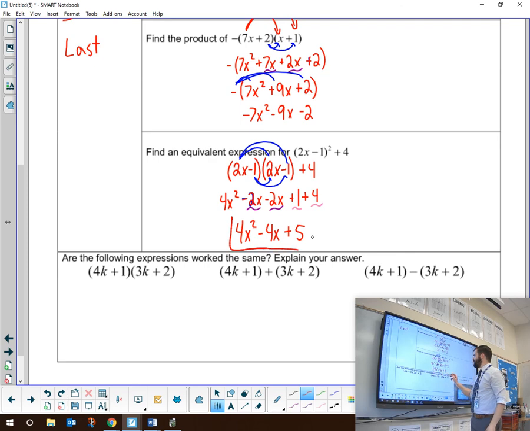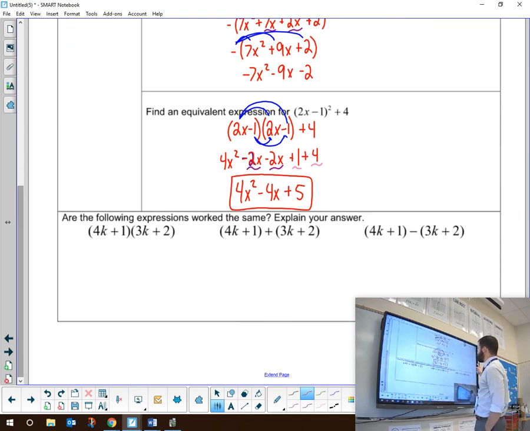All right, so there is that simplified, okay? So we're going to get some practice with all 3 of these skills review before we get into our big time factoring. But last but not least, here we go. Are the following expressions worked the same? Obviously not. No, right? This is a big old no. They are not worked the same, okay?